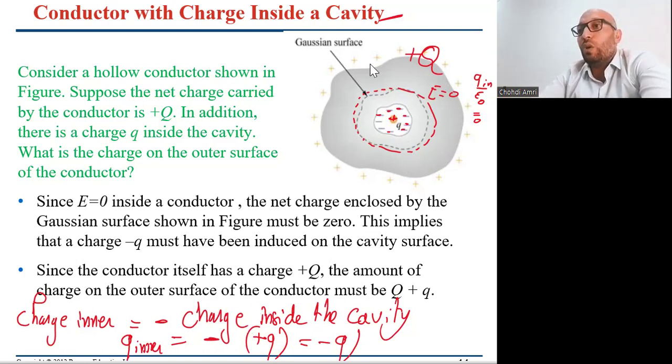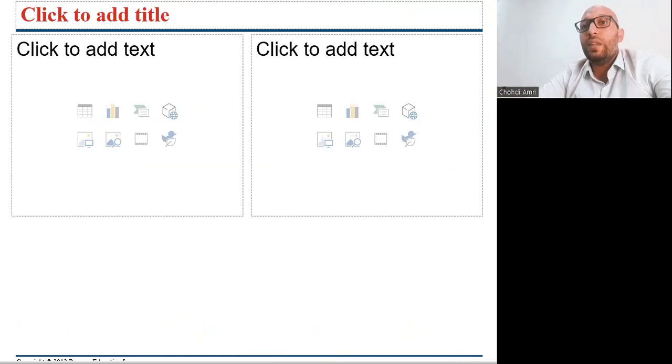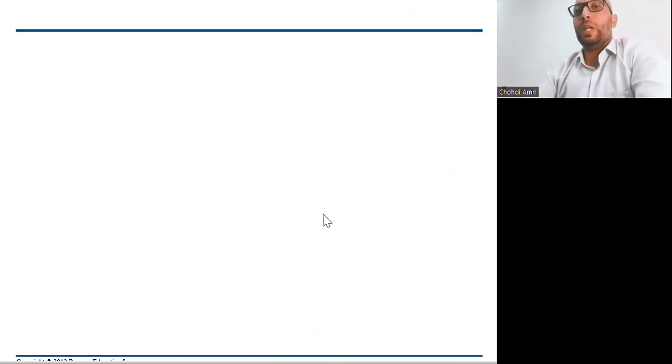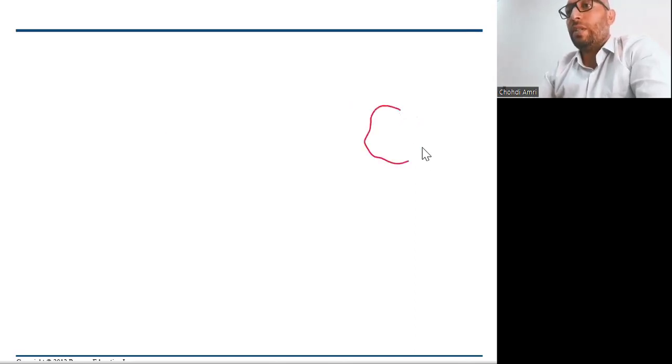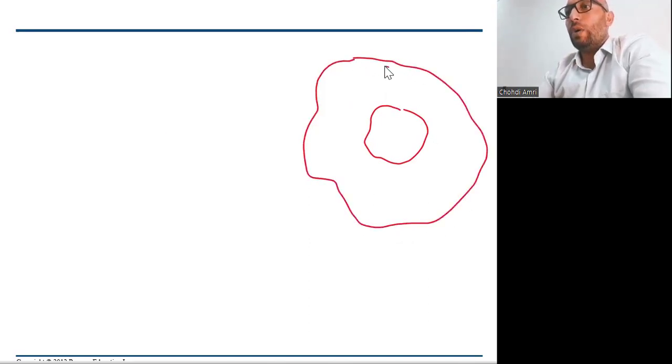The second point: what will be the electric field just outside, on the outer surface? Now you see that we have Q induced. Let's repeat the graph. This is the cavity. This is our conductor. Our conductor has a charge plus Q, and there is a positive charge Q here.